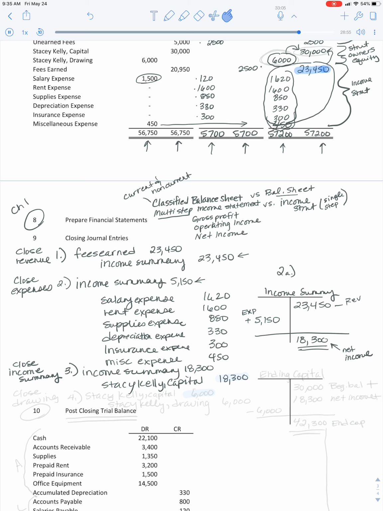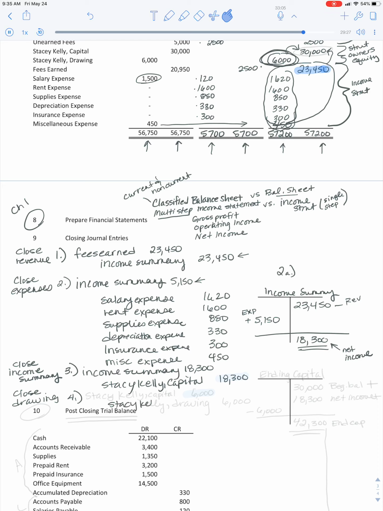And the last thing that we do, step 4, so closing entries are 4 steps, is we're going to close our drawing. So every period we're going to close how much our owner drew out of the account into our capital account. So we had $6,000, see that right here, of a debit balance in drawing. We need to credit to make it 0. I'm going to start with the credit first.